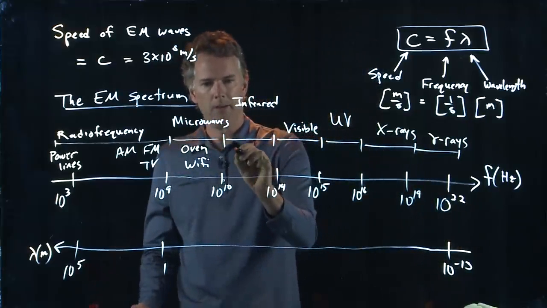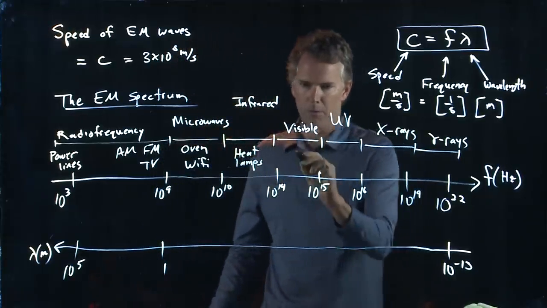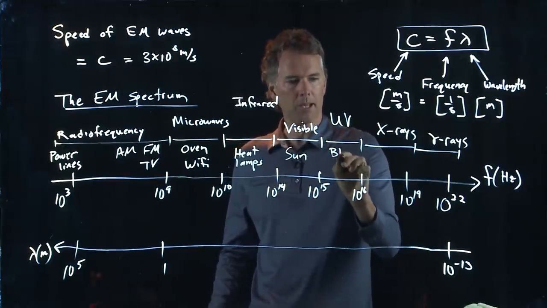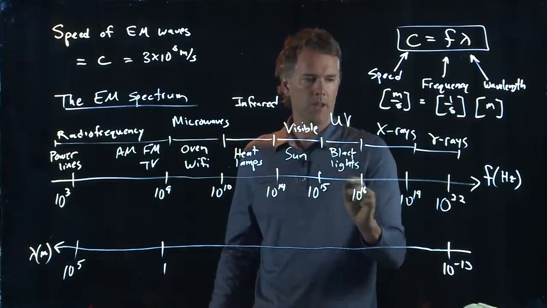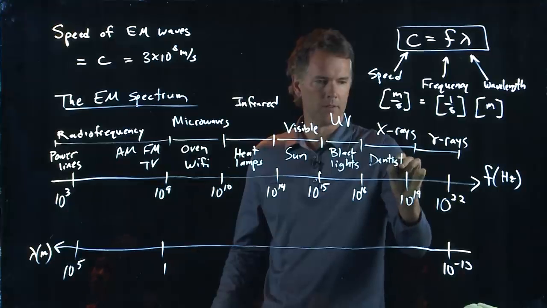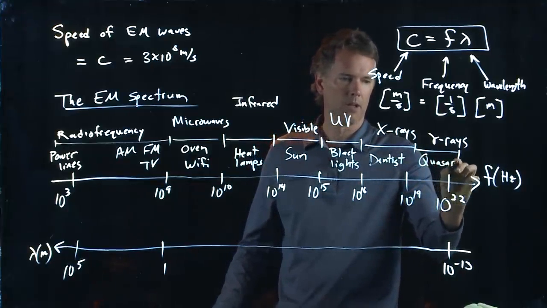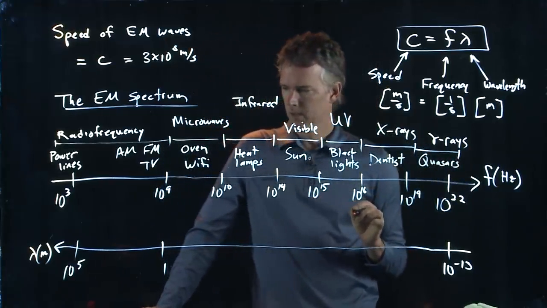So infrared, that's stuff like heat lamps. Visible is, of course, the sun. UV would be black lights. X-rays you get when you go to the dentist. Gamma rays you only get from objects like quasars. Okay.